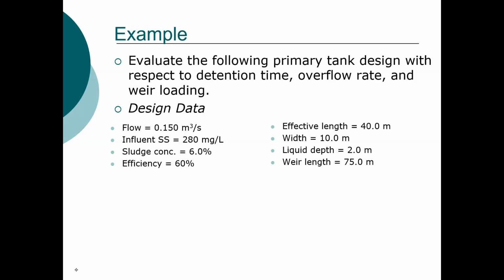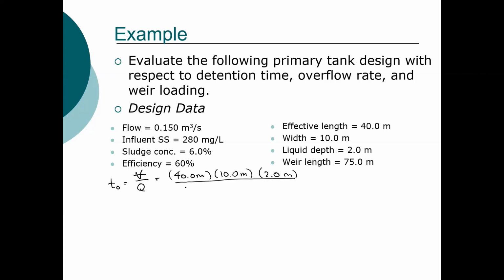As I said, exactly the same theory that we used before. The detention time is simply the volume over the flow rate. You're told that the effective length is 40 meters, the width is 10 meters, and the liquid depth is 2 meters.